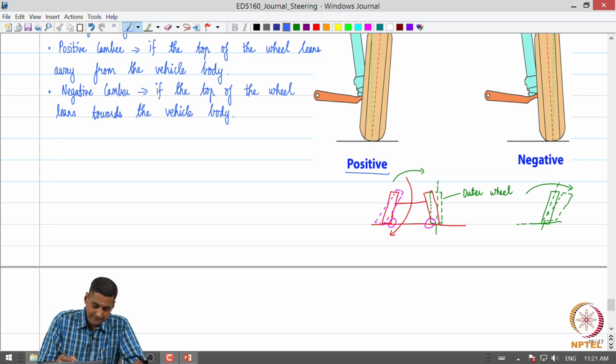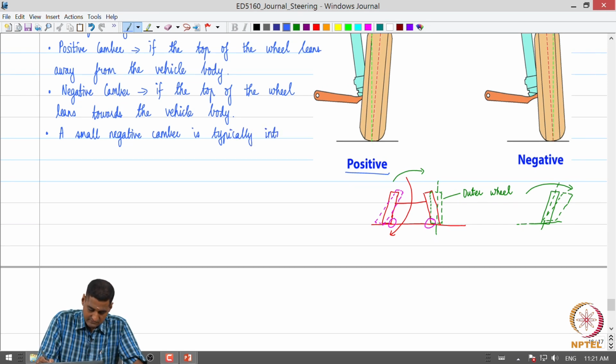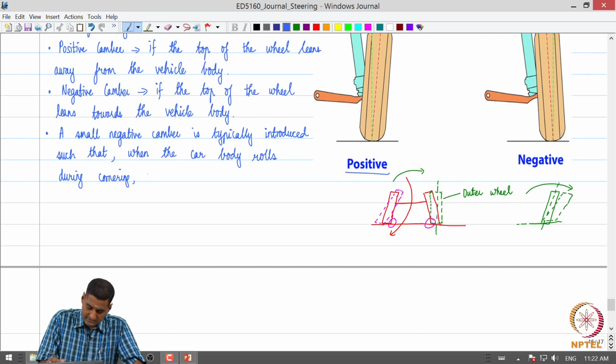Let me write down the reasons. A small negative camber is typically introduced such that when the vehicle body rolls during cornering, the tire becomes almost upright.